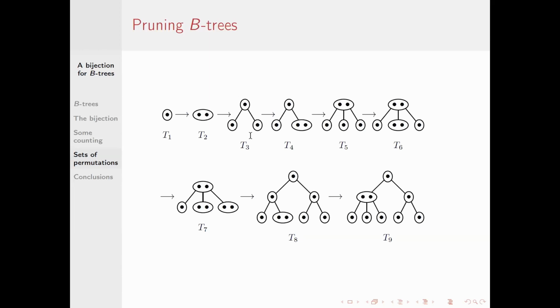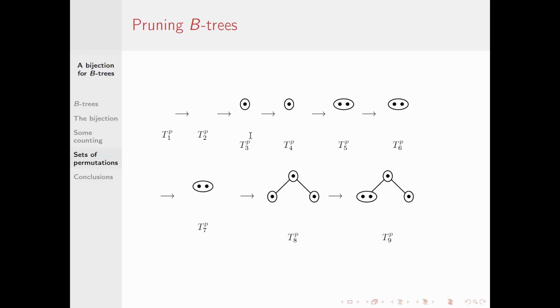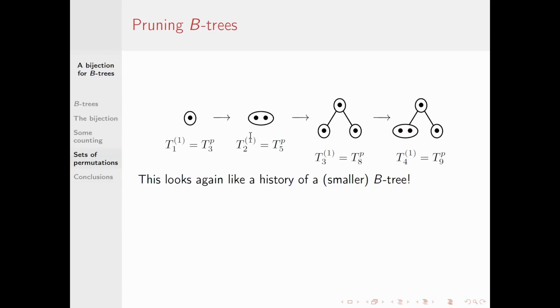So what makes me optimistic that this could work? Well, if you take a history like this, and you just imagine that you cut off all the leaves, then you get this. And if you now look at the times where things change, so here, here, here, here, then this looks just like another history. And I should say that this is a combinatorial statement, not a probabilistic one.